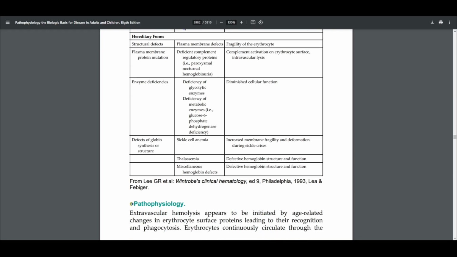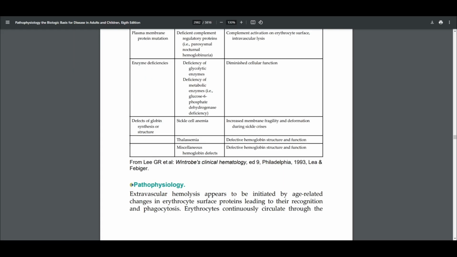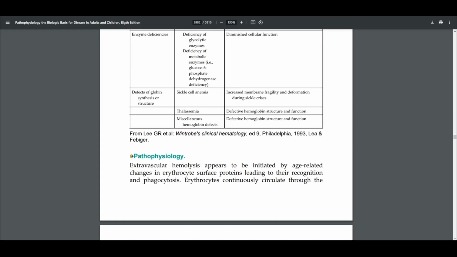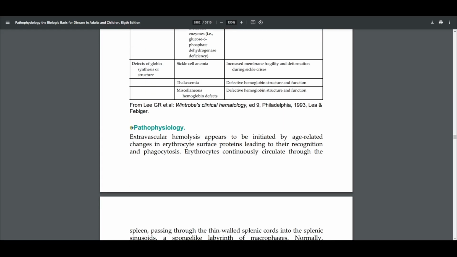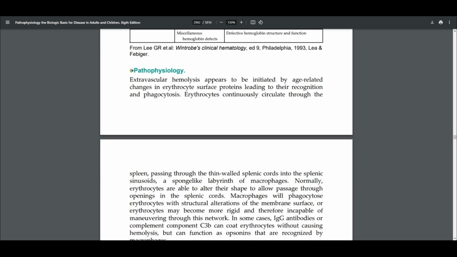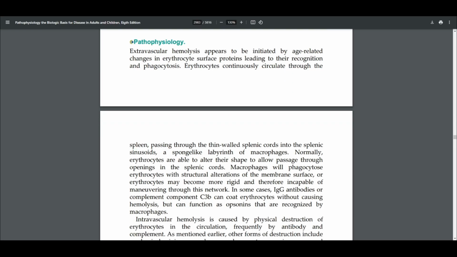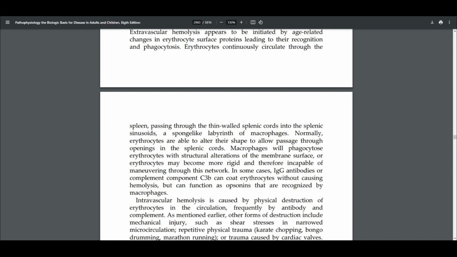The extravascular hemolysis appears to be initiated by age-related changes in erythrocyte surface proteins, leading to their recognition and phagocytosis. Erythrocytes continuously circulate through the spleen, passing through the thin-walled splenic cords into the splenic sinusoids, or sponge-like labyrinths of macrophages.